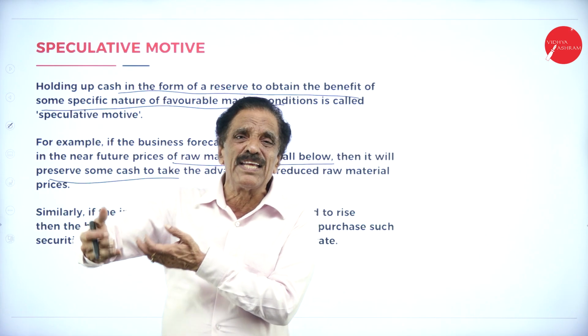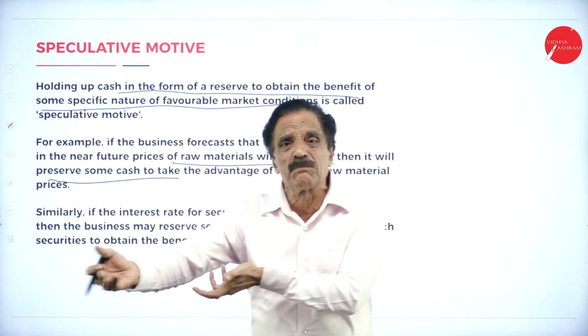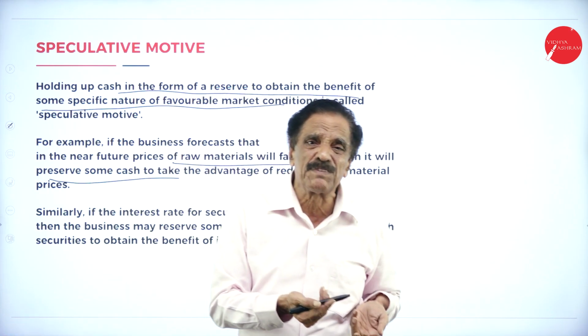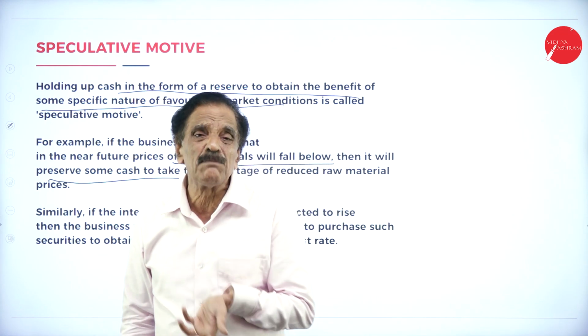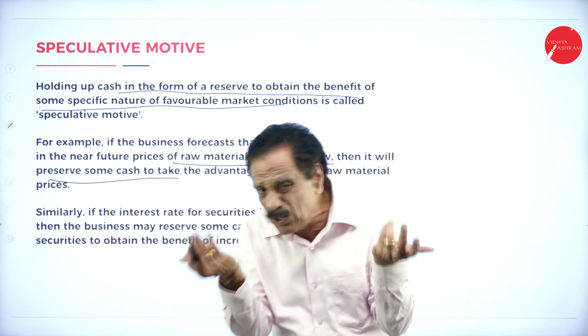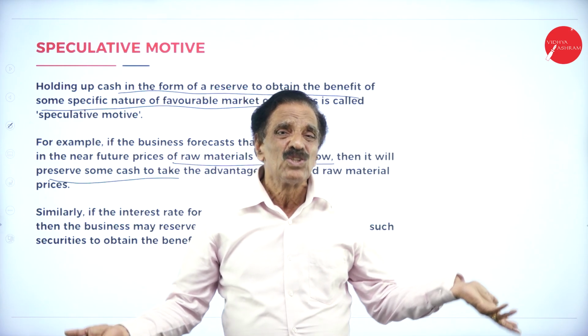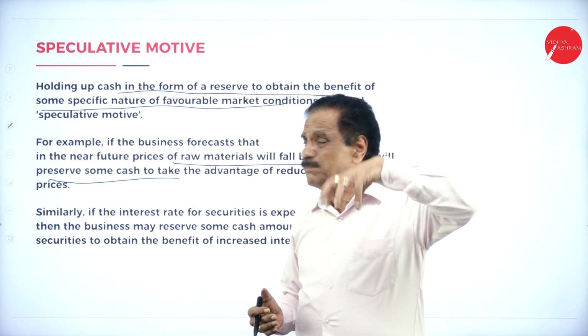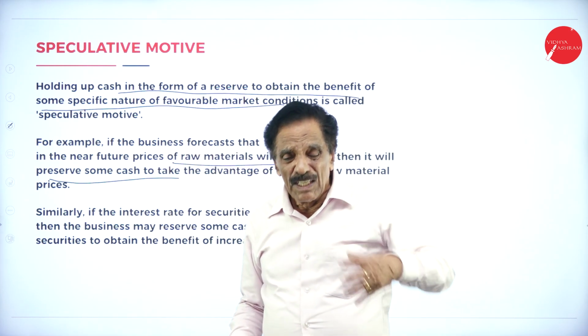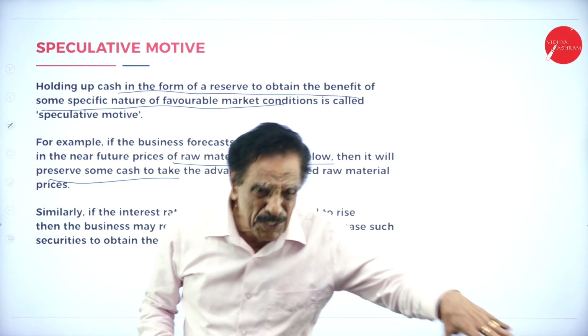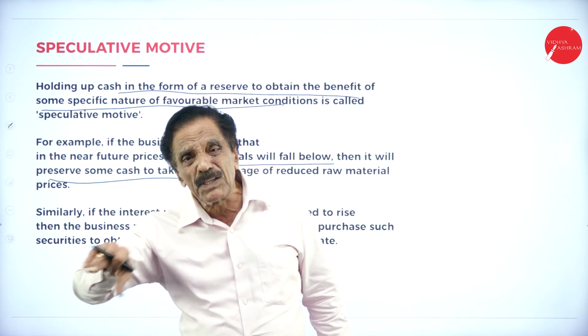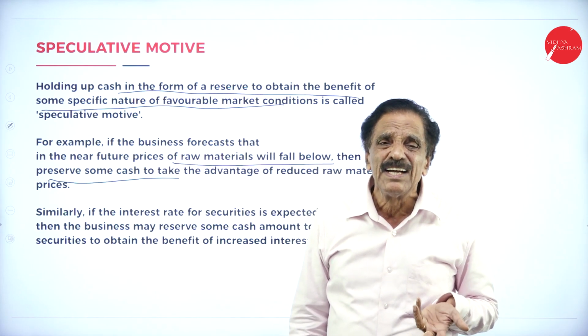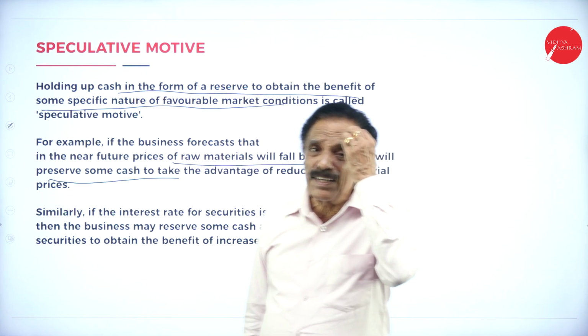Without finance, there is no life at all, especially for a business. The blood of the business moves on with the help of finance. Without finance, there is no business at all. So what we learn is that because of the speculative motive, if the raw material price has come down, it is better to purchase more raw material, and for that we require finance.